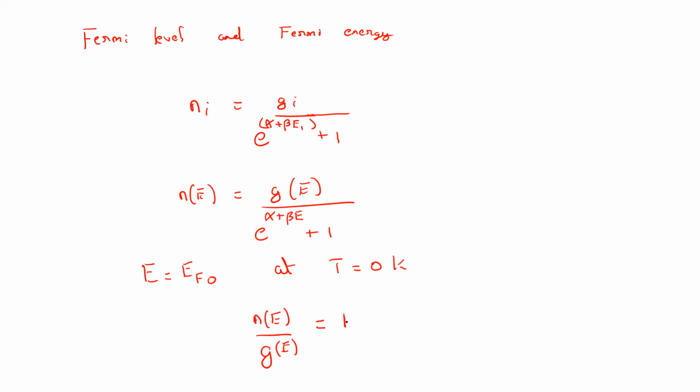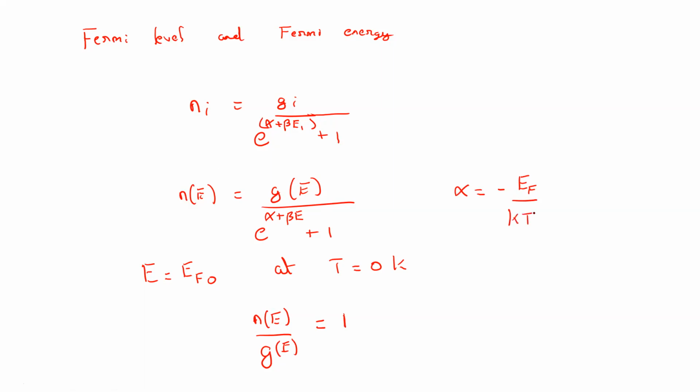Now at this condition, when you substitute it here, we can derive that the value of alpha should be equal to minus EF by KT, where EF is the Fermi energy.